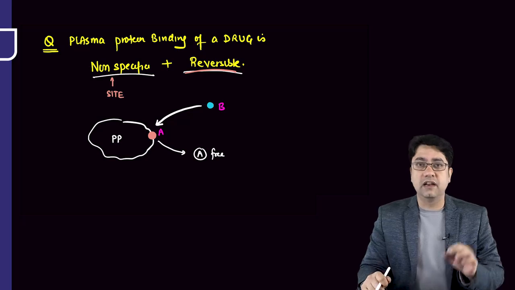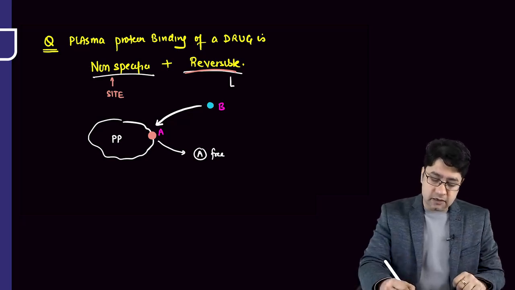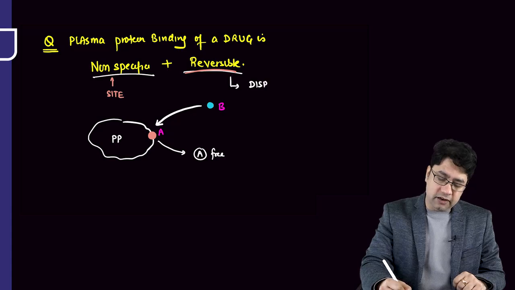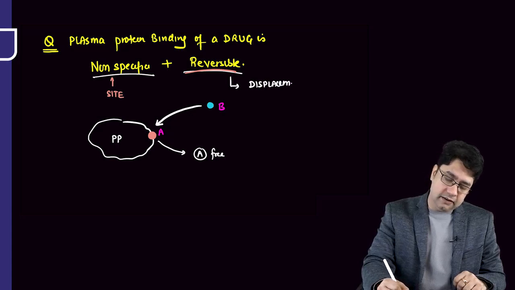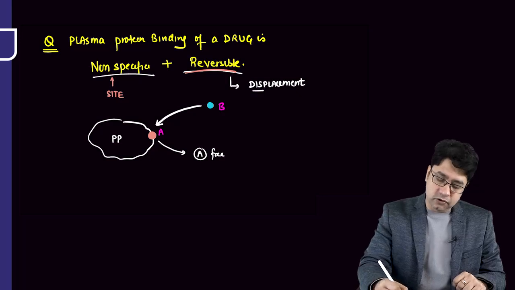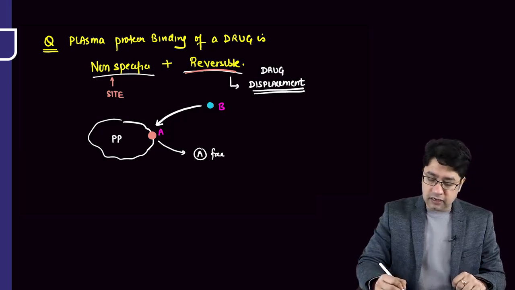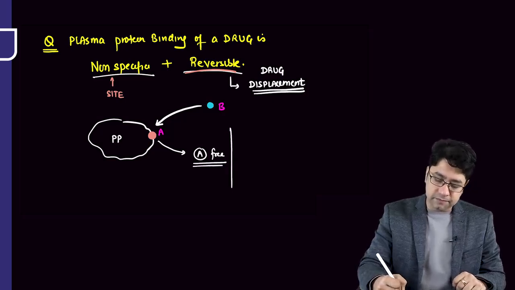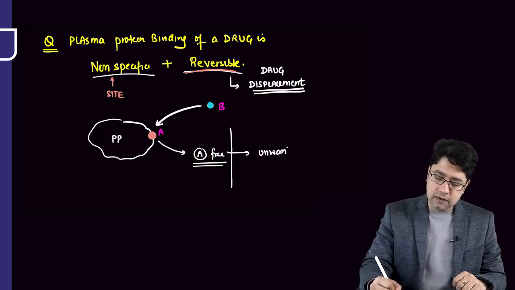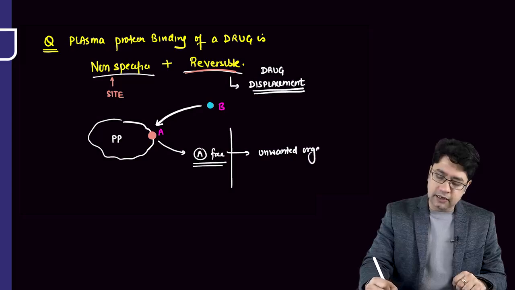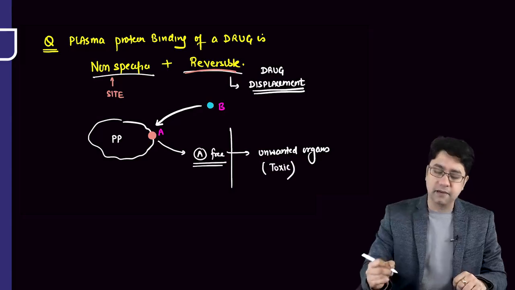So because of this reversible nature, displacement of a drug by another drug can occur. So drug displacement can occur. And don't you think if this drug A is free, it can move into unwanted organs? And in unwanted organs, it can lead to unwanted effect like toxic effect.